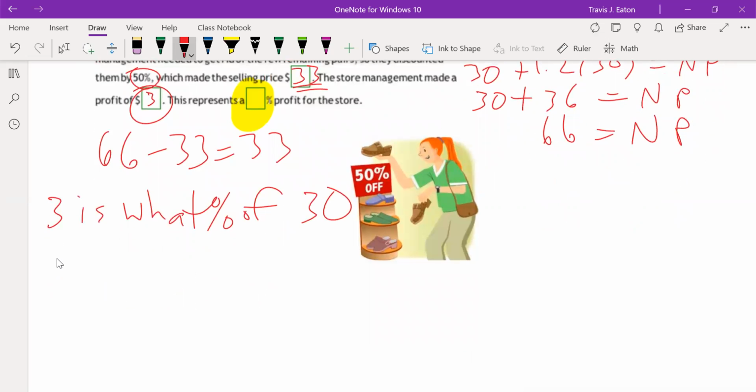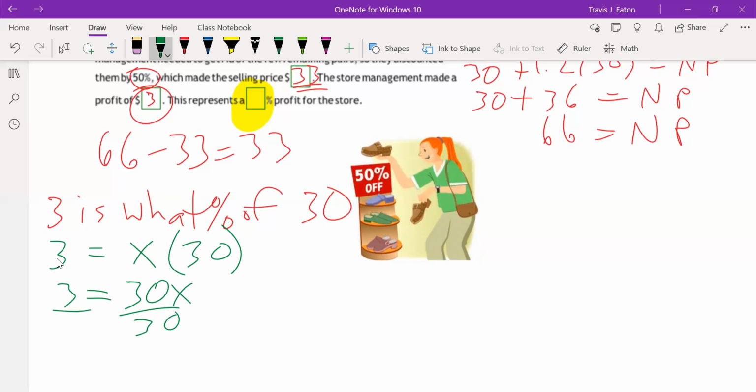Now you could write that question out as a sentence like I just did, and of course you could convert it to an equation where 3 equals, because is means equals, what percent? That's the thing we're looking for. Of means multiply, and 30. So 3 equals x times 30, or 3 equals 30x. Right? Now all we do is divide both sides by 30 to find out what that would be.